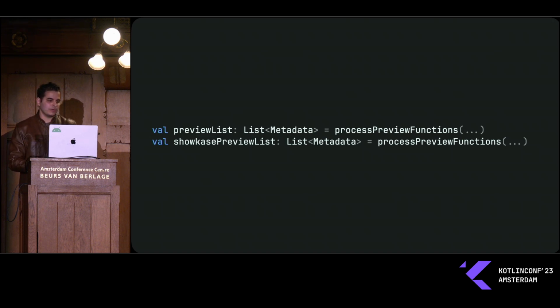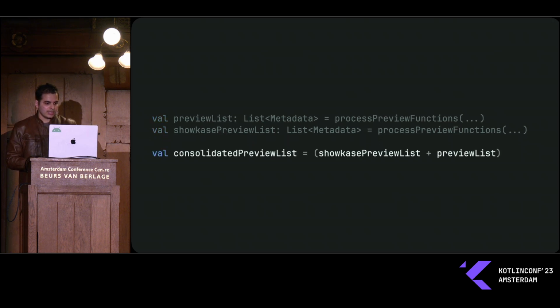And so what we have now is a list of all my preview functions and all my showcase composable functions, or metadata about those functions. And so we need to consolidate this list because it's possible that there are duplicates in case they were annotated with both the annotations.